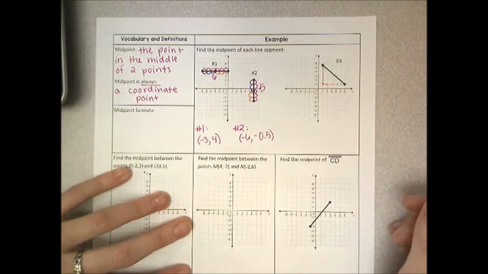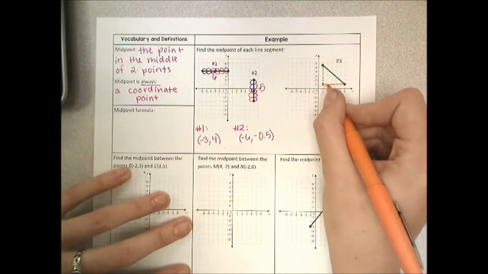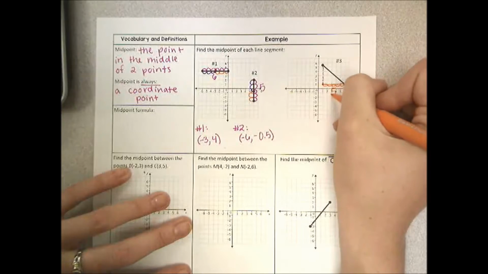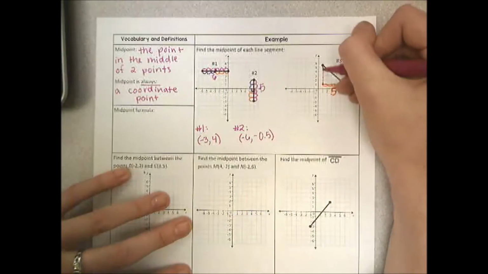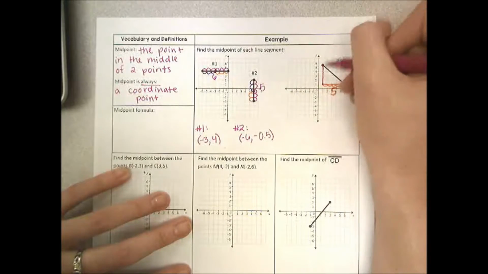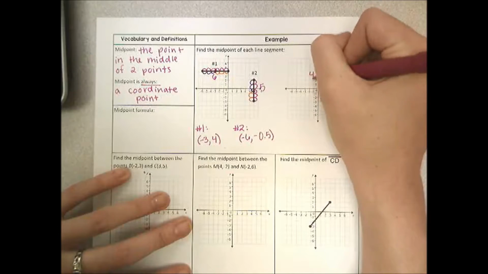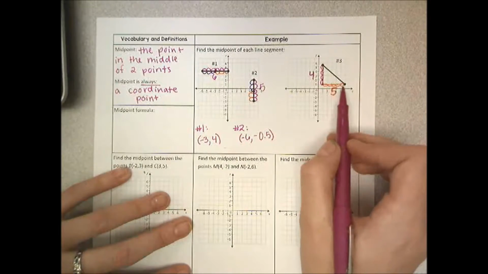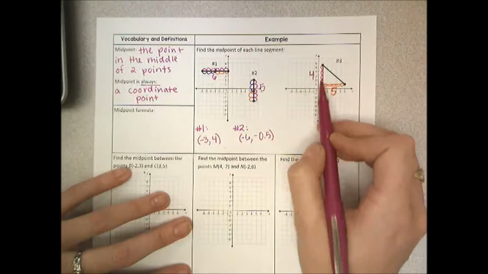So if I look at these two sides, I see that this orange side here has a distance of 1, 2, 3, 4, 5, a total distance of 5. And then this pink side here has a total distance of 1, 2, 3, 4. Well, if I want to find the middle on this line, I just need to find the middle of each of these lines.